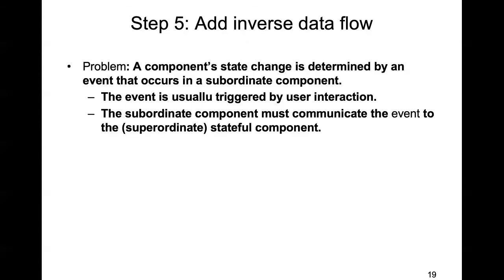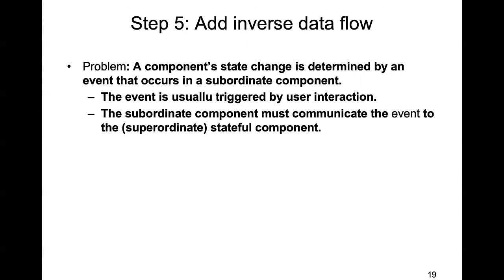And if you remember, this inverse data flow is all about a situation where the current value of the state variable in a stateful component is actually determined by an event that occurs in a subordinate component.